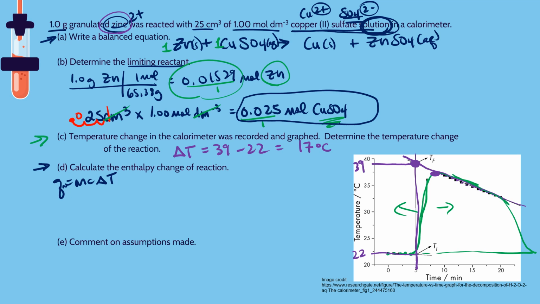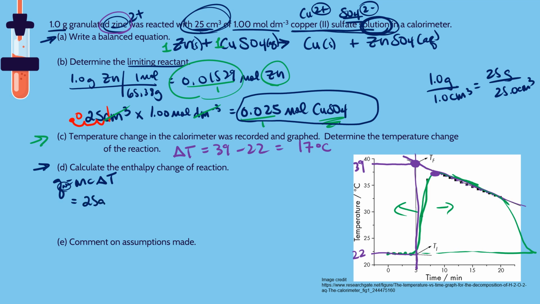Q equals MC delta T for our water. So that's going to be the mass of water. It's kind of the same as the mass of the solution. 25 cubic centimeters, that's not a mass, that's a volume, but the density of water at 22 degrees Celsius is 1 gram per cubic centimeter. So what does that mean if I have 25 cubic centimeters? We also have 25 grams of water.